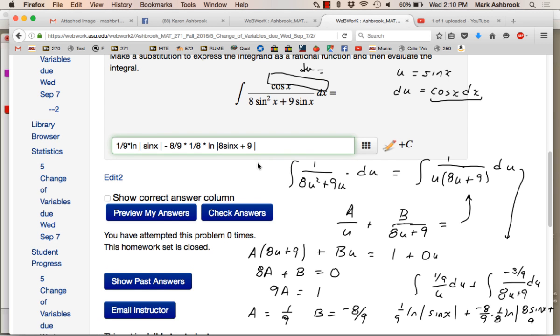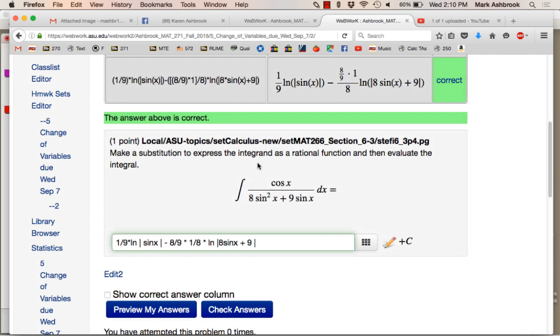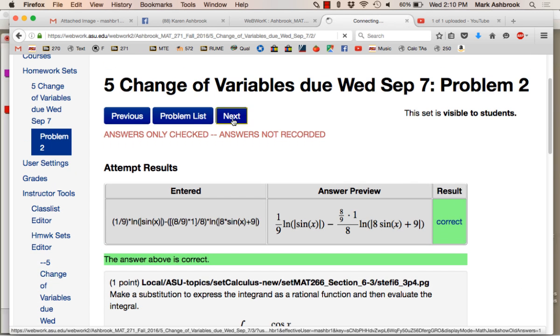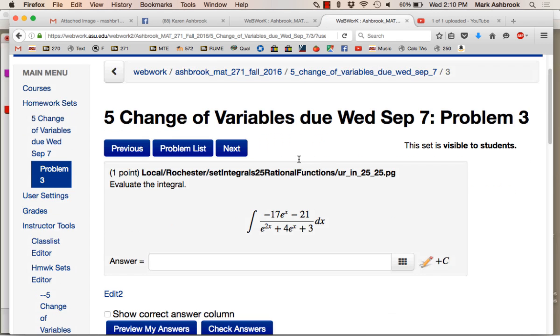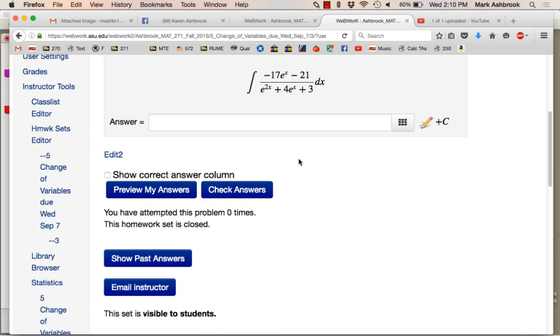Okay. Next problem, we'll do number 3. For this one, again, we're seeing this kind of quadratic form in the denominator, and so it's just a pure quadratic. We want u to be what? e to the x. And so that means that du equals e to the x dx.